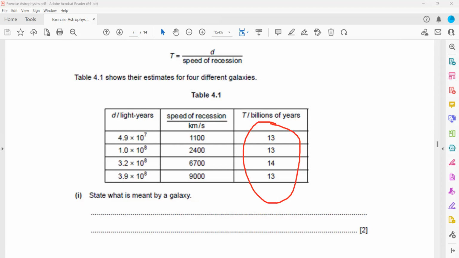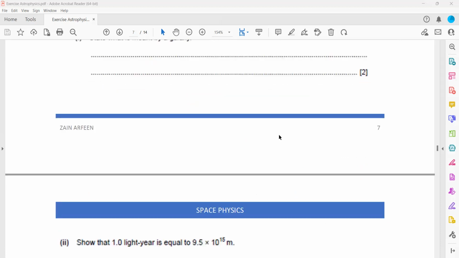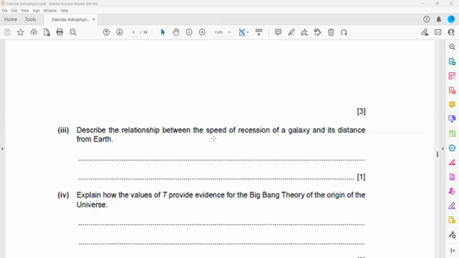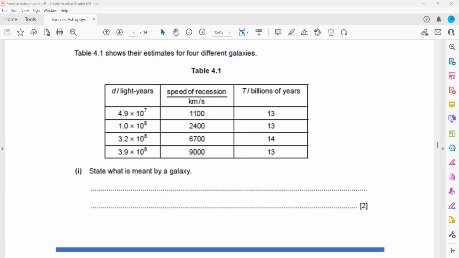So when we work out the time for the age of the universe, we are getting the same answer from all galaxies. Even a galaxy which is close to us moves at a different speed from a distant galaxy far from us. But when we work out the time for the different galaxies, it gives us the same time interval.